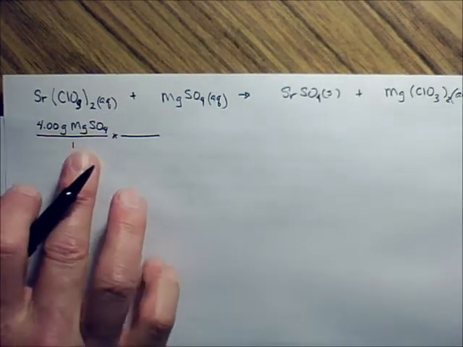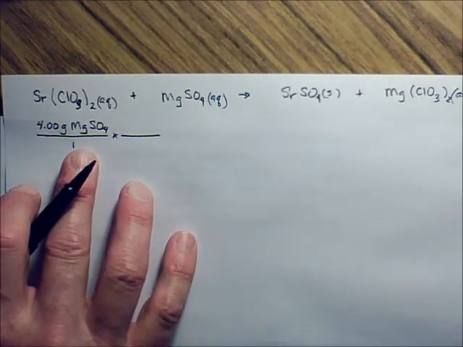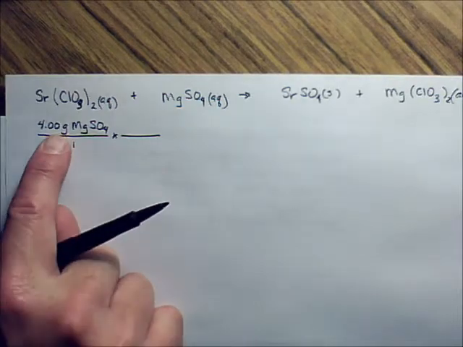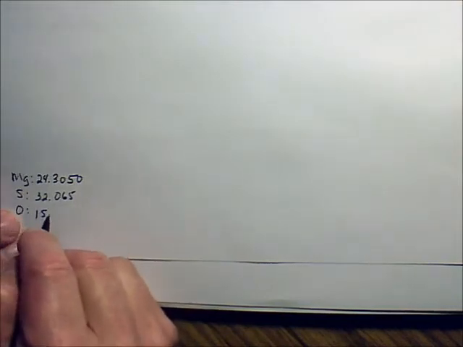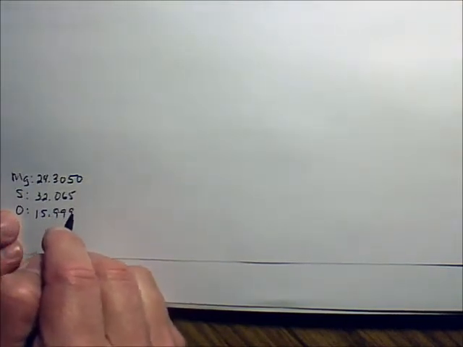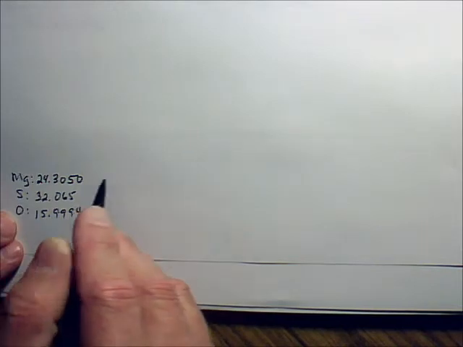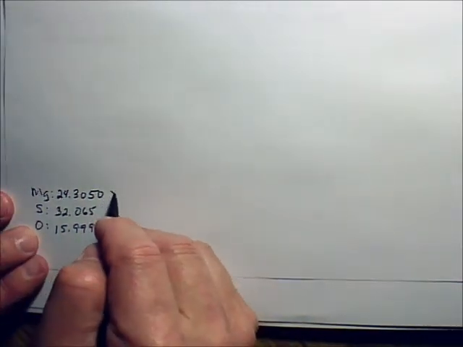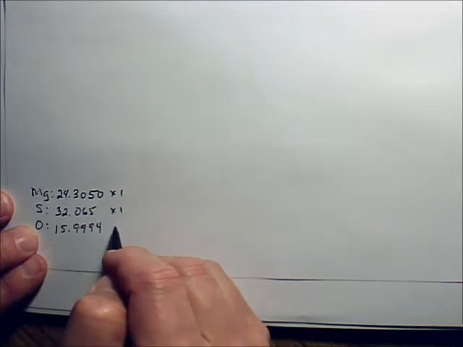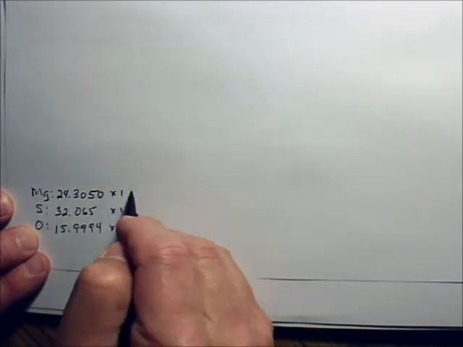No, you cancel out both units and species. Okay? And then oxygen is 15.9994. Okay? And then we need to multiply these by the number we have. And we have just 1 magnesium and 1 sulfur, but we have 4 oxygens.